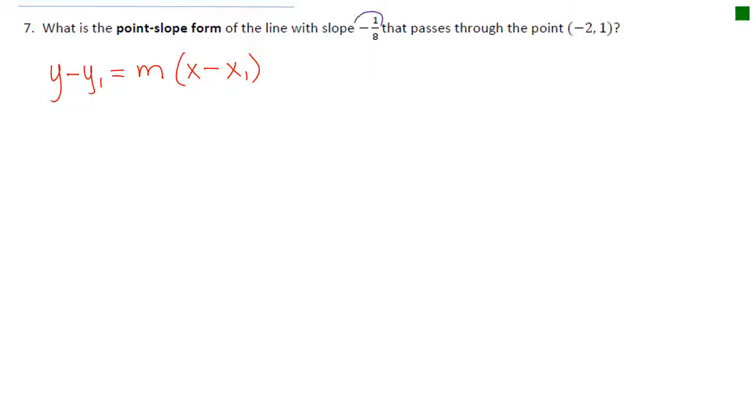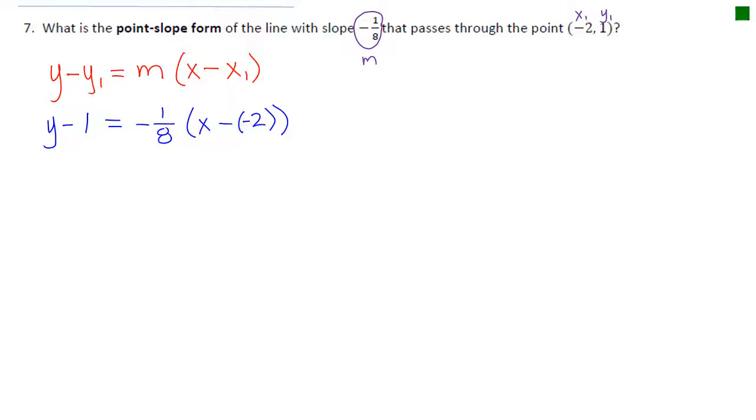So this is our m, and for our point, this is our x sub 1, this is our y sub 1. When we plug this into the formula, the y stays the same, so that's y minus y sub 1, which is 1, is equal to our slope, -1/8, times x minus x sub 1, which is -2.